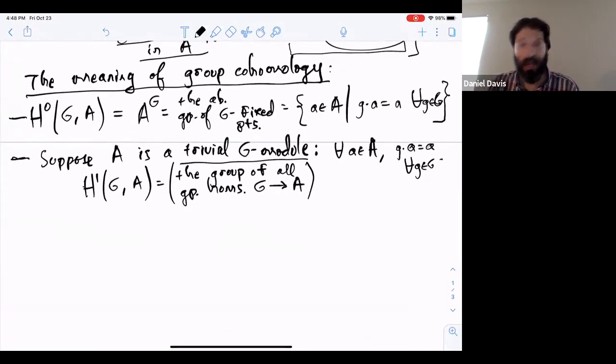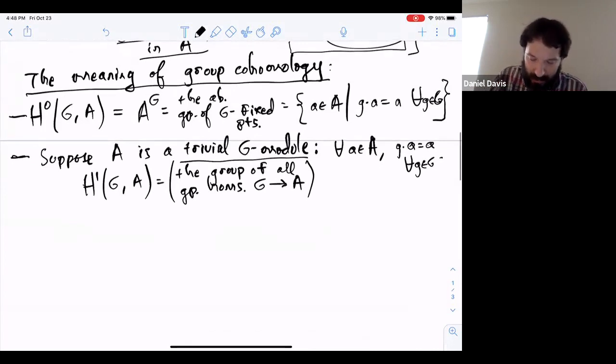Okay, so H1 in this particular case is interesting, and let's go back to letting A be any G module.